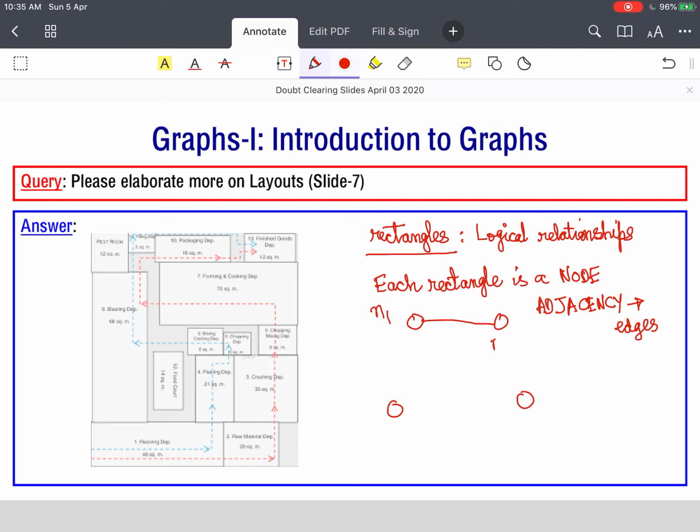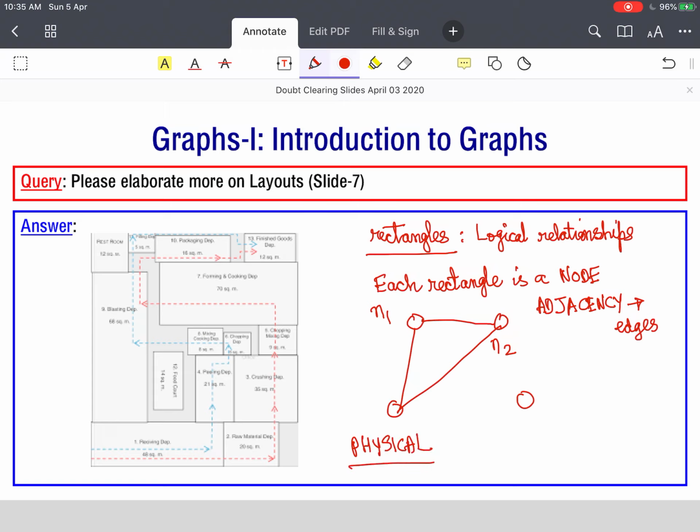That means if we say that node N1 and node N2 must be next to each other, that means in the physical layout they must be next to each other. Then we will connect them like this, and in that case they will have to be placed in such a way that there is nobody in between these two nodes. So this is the logical relationship.